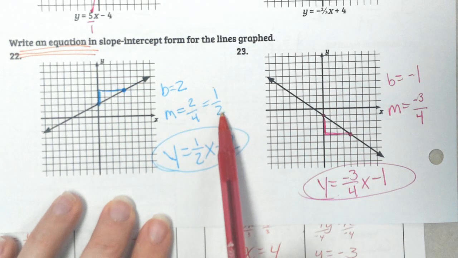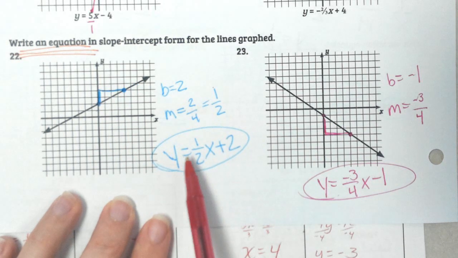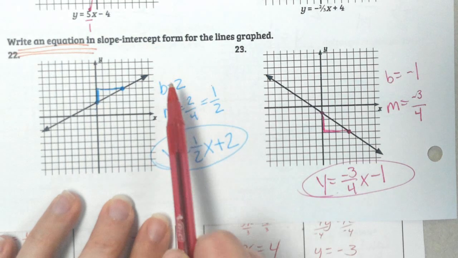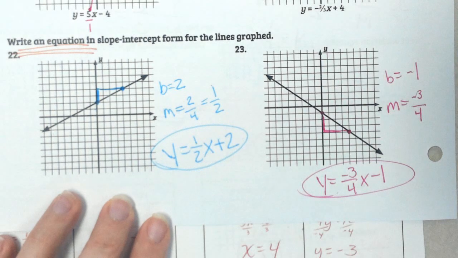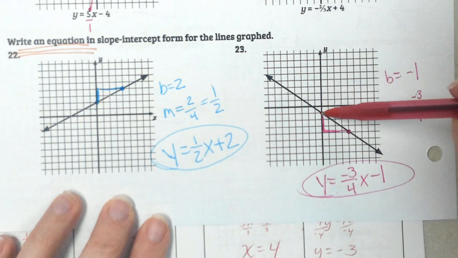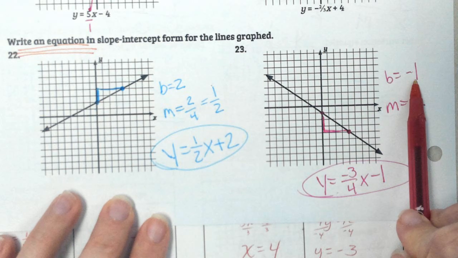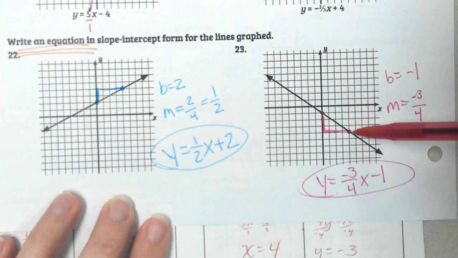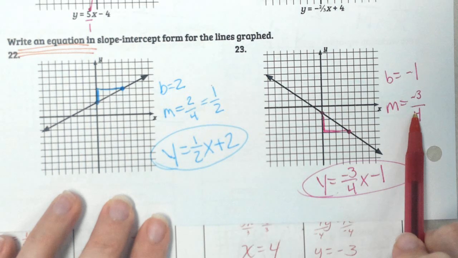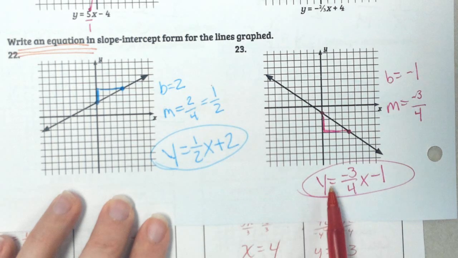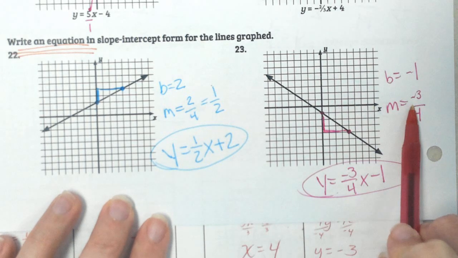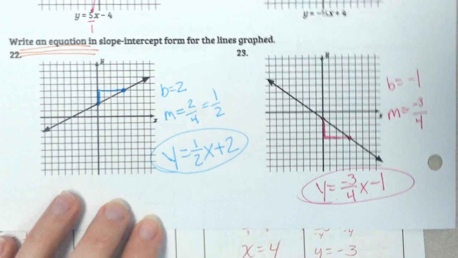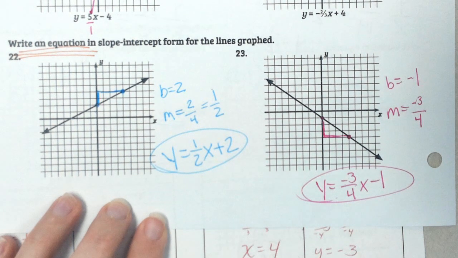They all equal 1/2 when you simplify. So y equals my m of 1/2 x plus 2, which was my b value. On this one, my begin is at negative 1, and then I went down 3, right 4. So my slope was negative 3/4. So y equals negative 3/4 x minus 1. Are there any questions on those two?